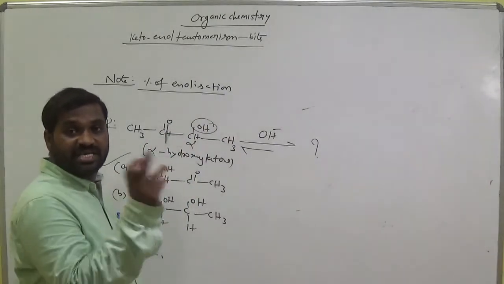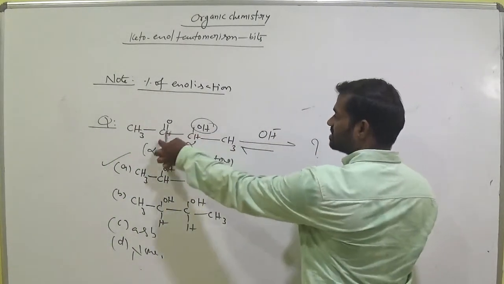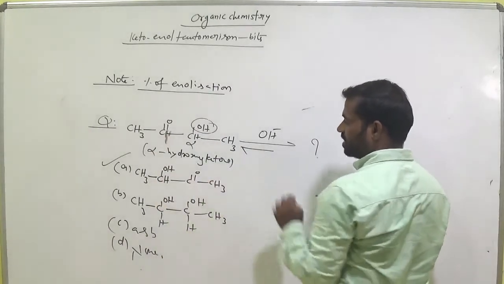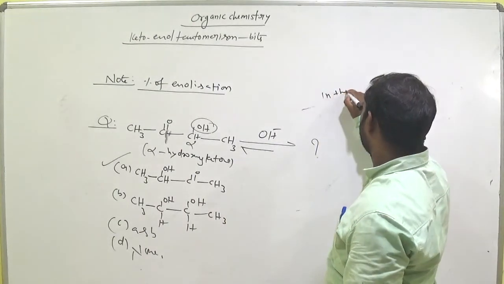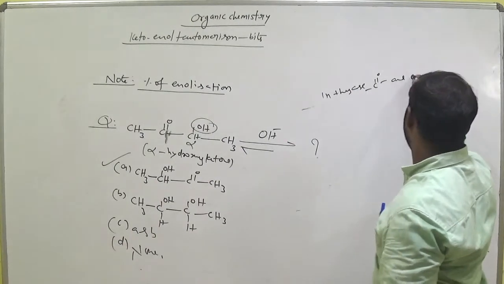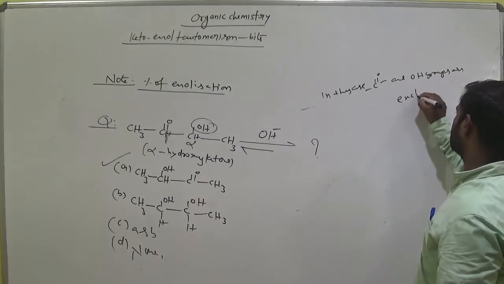Their positions are exchanged. Already we discussed. Am I right? So now OH here, C double bond O here. So in this case, C double bond O and OH groups are exchanged.